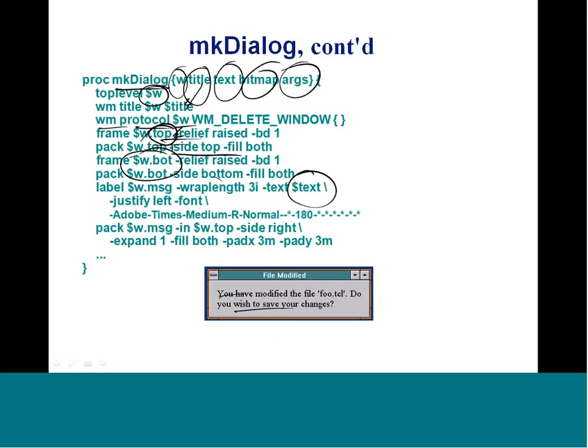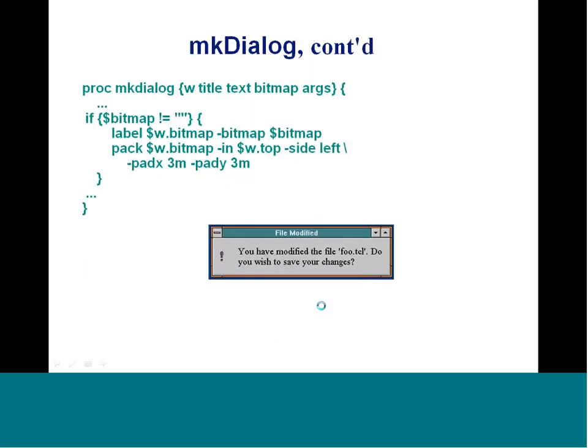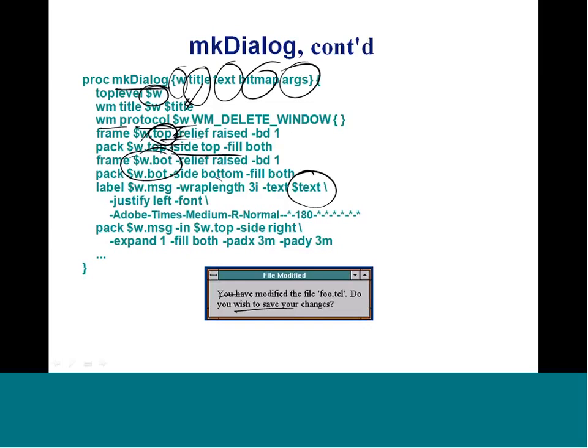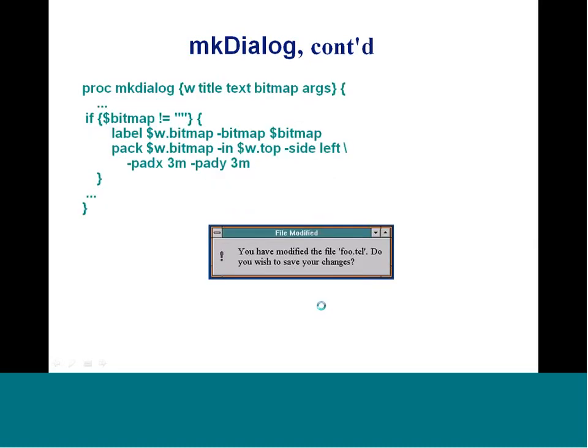now what do we do? If you don't provide any bitmap, nothing happens. But when you provide the bitmap and the bitmap is not null, then it adds that bitmap essentially.